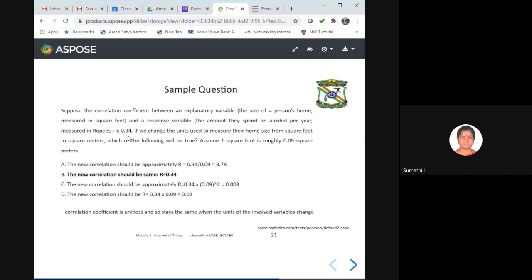If this is the case, let me change the square feet into square meters. Will the correlation value change? That is the question. They have found a correlation between two variables, and they are asking if I change the values taken as square feet into square meters, will the correlation value change?